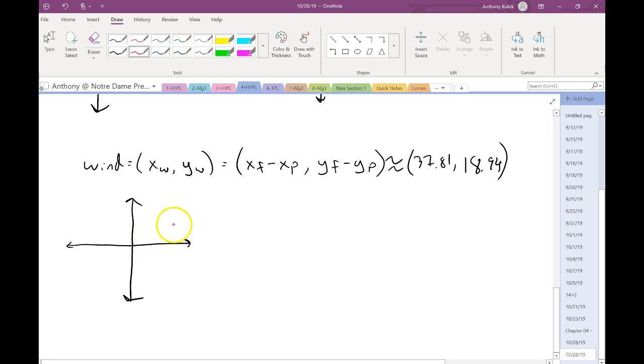So 37 over and 18 up puts me somewhere in that first quadrant. And my bearing is always drawn from the north clockwise to the terminal side. But I'm not interested so much in that bearing. That is not going to be directly calculable for us. Instead, what will be directly calculable is that standard position angle, theta W, W for wind, which I can calculate by doing tan inverse of y over x.